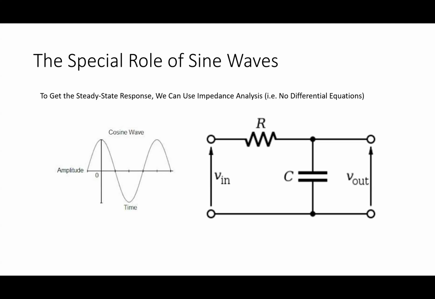I can't use it all the time, right? Impedance analysis only works under two conditions. What do all my signals have to be to use impedance analysis? They have to be sine waves. It only works for sine waves.